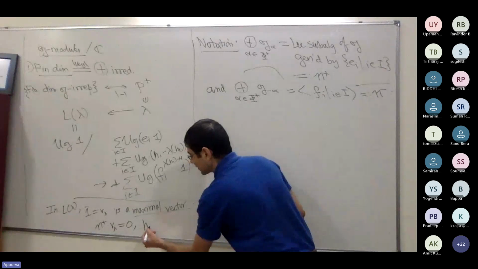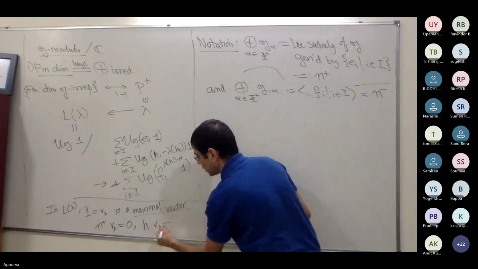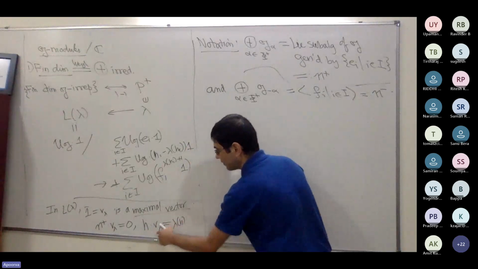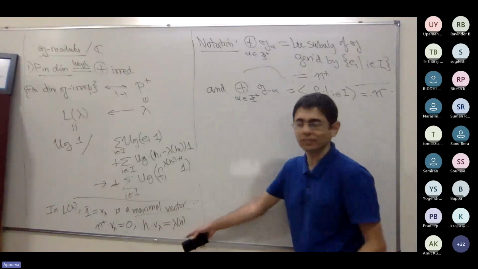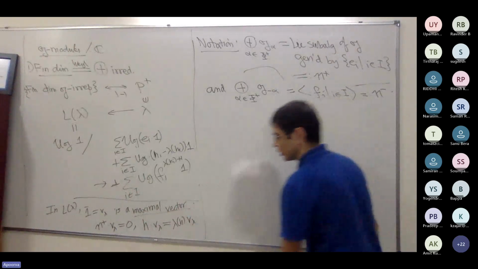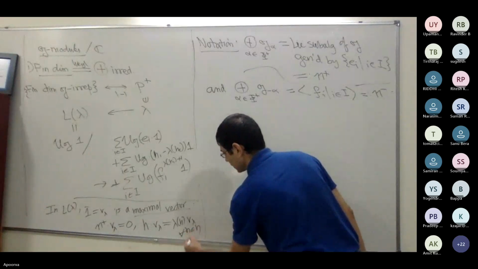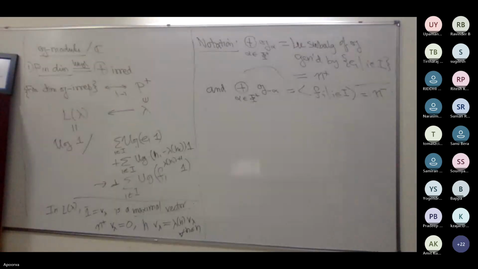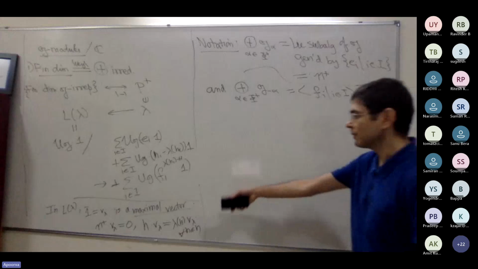And any H acts on it by a scalar. So v lambda is a vector that's simultaneously an eigenvector for the entire Cartan subalgebra. So this is an example of a maximal vector.